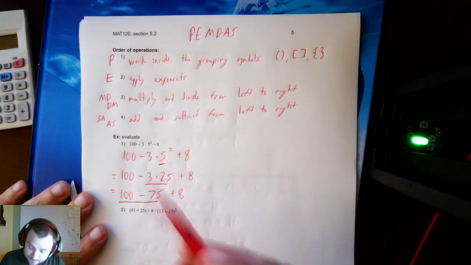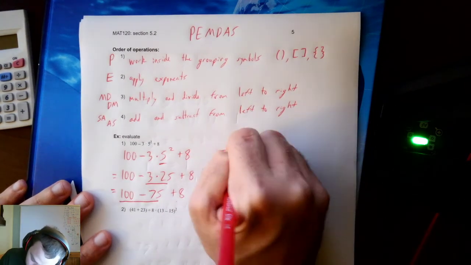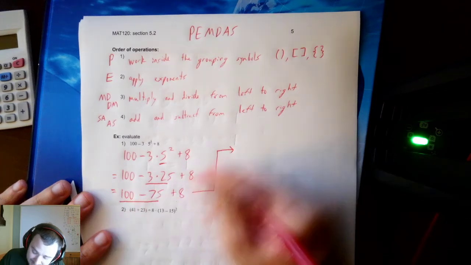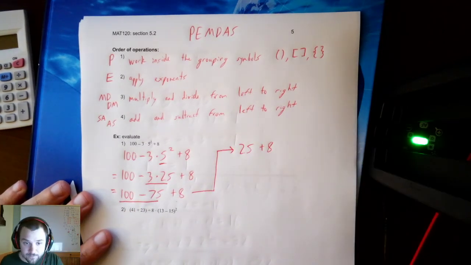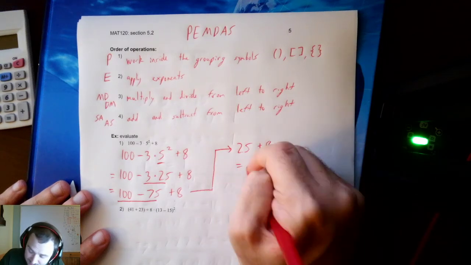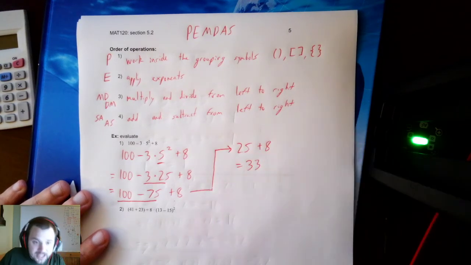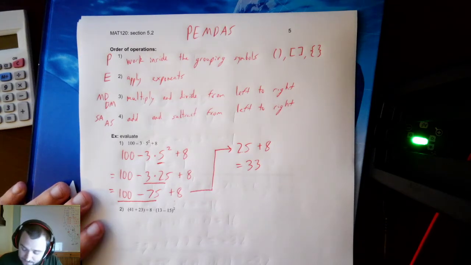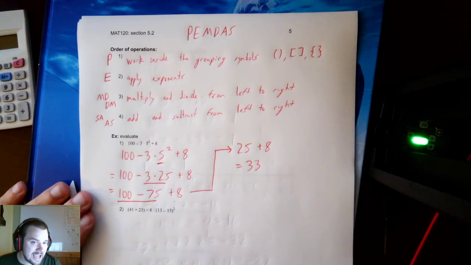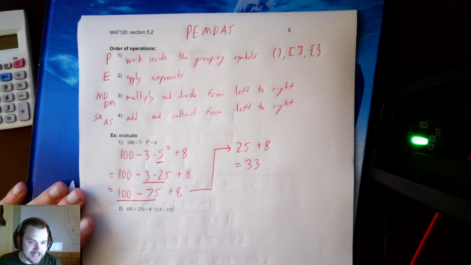Always left to right. 100 minus 75 is 25, plus 8. And then only one thing left to do, add those together to get 33. So my final answer is 33. Notice we went one step at a time. We walked through the order of operations a single step at a time.